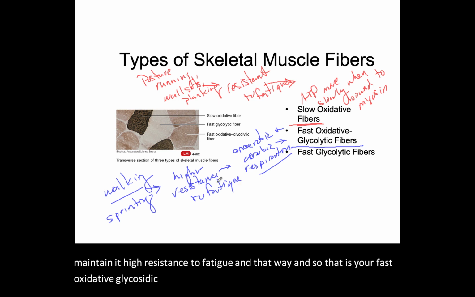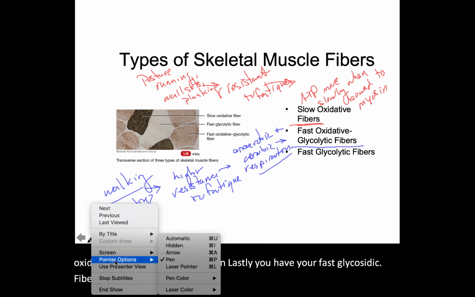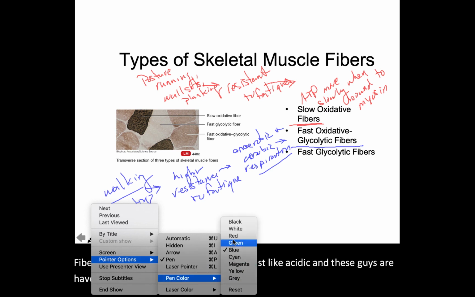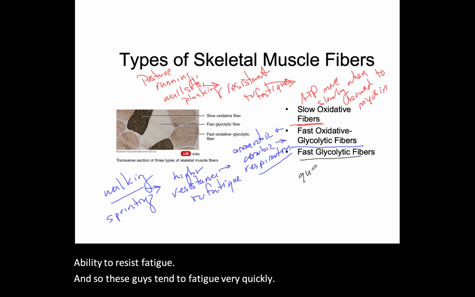And then lastly, you have your fast glycolytic fibers. Not your fast oxidative, but your fast glycolytic. And these guys have the lowest ability to resist fatigue. And so these guys tend to fatigue very quickly. Quick fatigue.